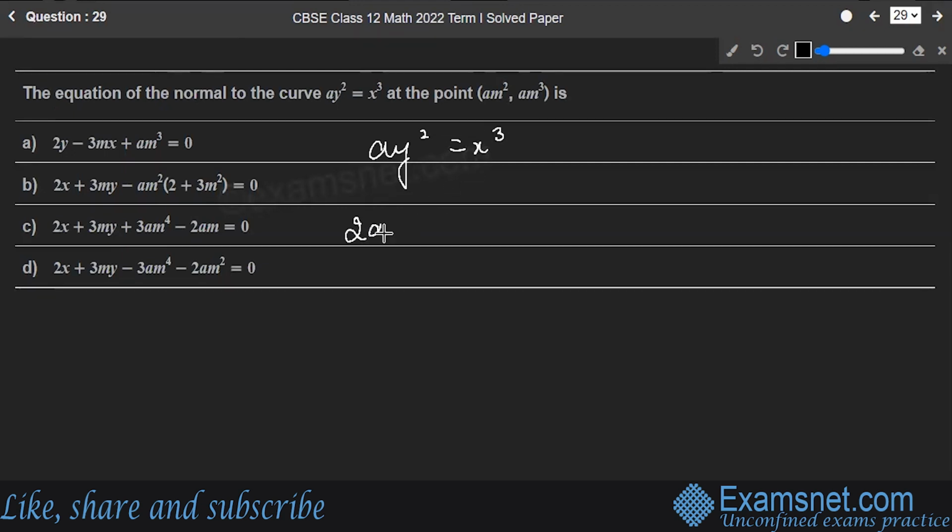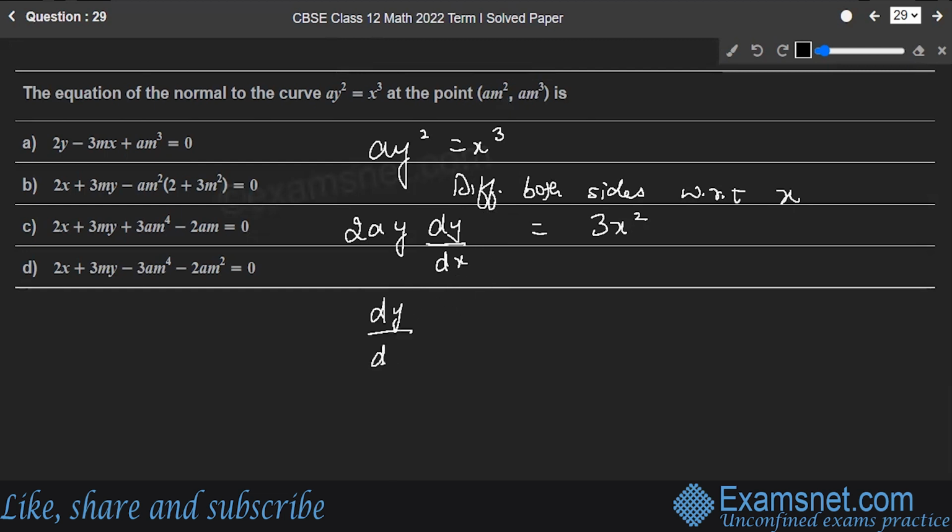You will have 2ay dy by dx is equal to 3x squared, or dy by dx is equal to 3x squared upon 2ay.